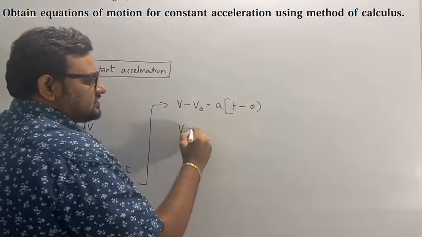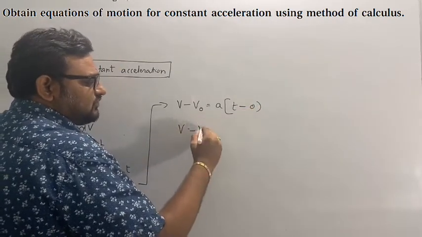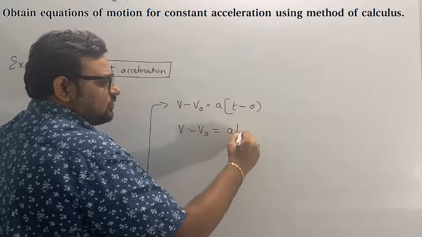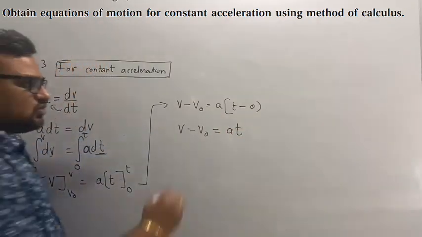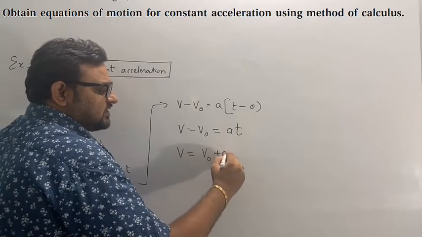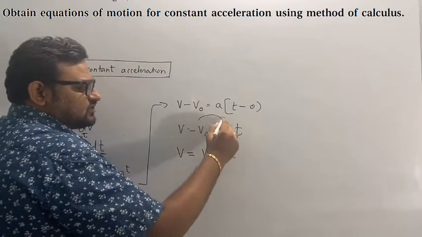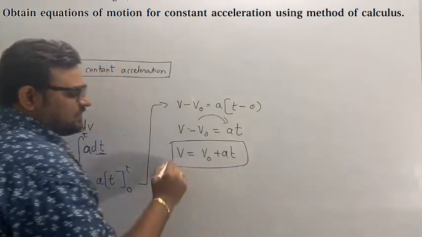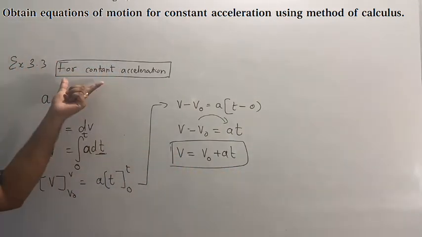So v minus v0 is equal to at. Taking v0 on this side, v equal to v0 plus at. So I got the first kinematic equation for constant acceleration.